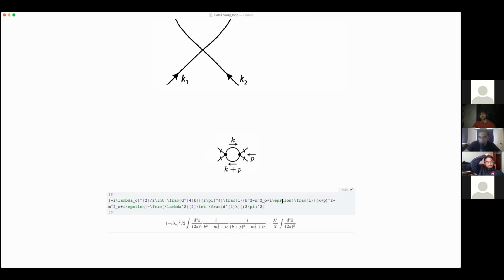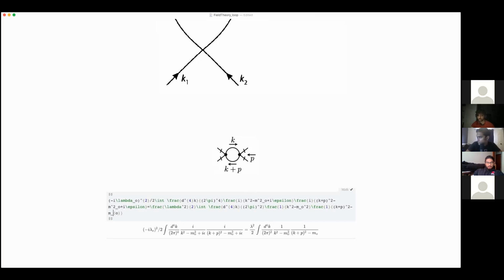So we'll do it like this, and we'll have 1 over k squared plus m squared, m naught squared really. And then we'll have 1 over, let me just make sure that, no, it'll still be a minus, or plus, no. It's just gonna be a minus, k plus p squared minus m naught squared.